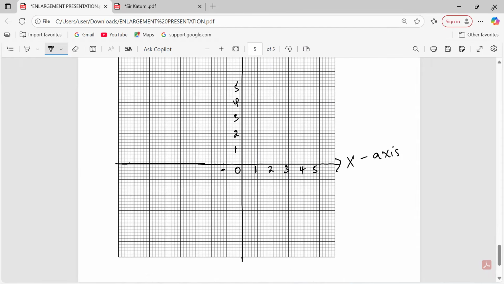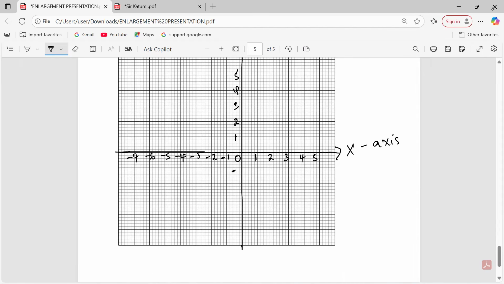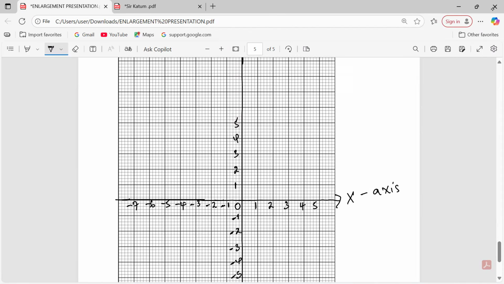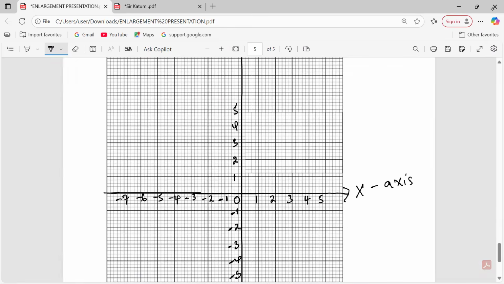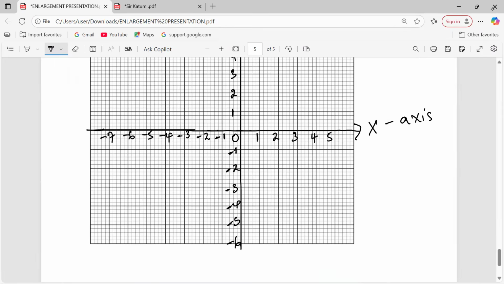Then now we have -1, -2, -3, -4, -5, -6, -7. Yeah, such a thing. On the other axis, we have -1, -2, -3, -4, -5, -6. Yeah, like that. So we have our axis well labeled and scale properly chosen.